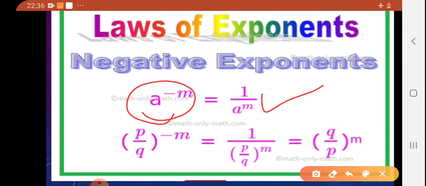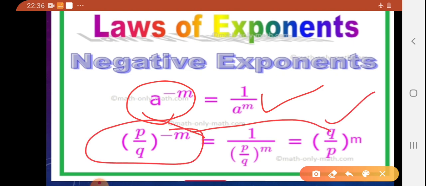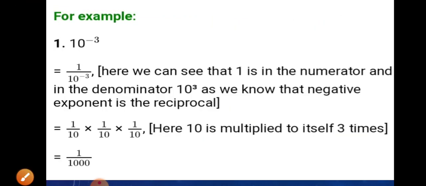P upon q to the power minus m, we will take the reciprocal. It will bring out q upon p to the power m. So whenever we have to find the power as positive, we just have to take the reciprocal of the negative one. In the same way, 10 to the power minus 3 we can write as 1 upon 10 to the power 3. So 1 upon 10 into 1 upon 10 into 1 upon 10 means 1 upon 1000.